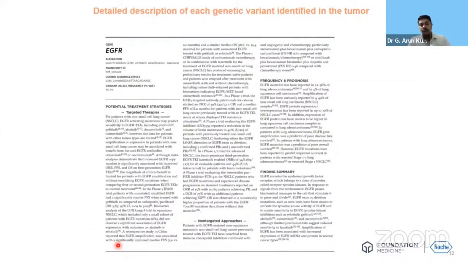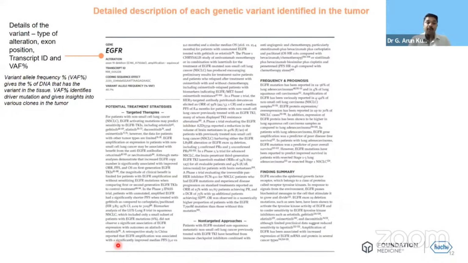Now, it goes on to talk in detail about the type of variant. Here I request you to kindly take note of the details given. Most importantly, apart from the alteration, which we have already seen as exon 19 deletion, there is also something called the variant allele frequency, or variant allele fraction. This is a very important, underutilized, clinically relevant piece of information in the report.